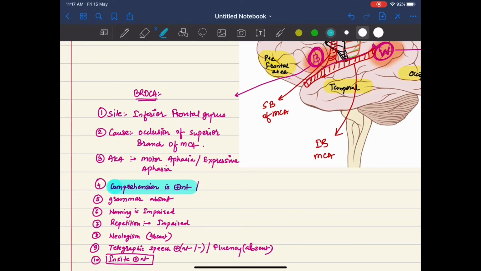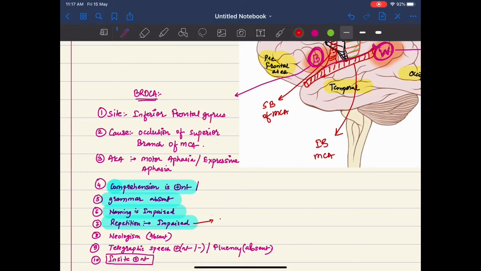That means the patient can deliver a sensible meaning through his speech. That speech may not be perfect, it will be in parts, but he will be able to deliver his message. Second, grammar will be absent. Naming will be impaired. Repetition is also impaired.